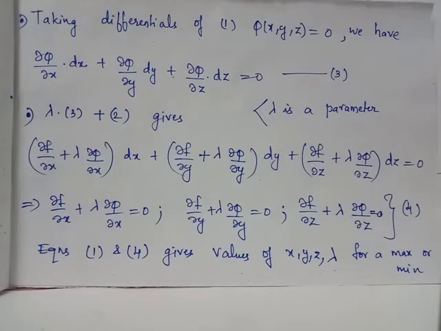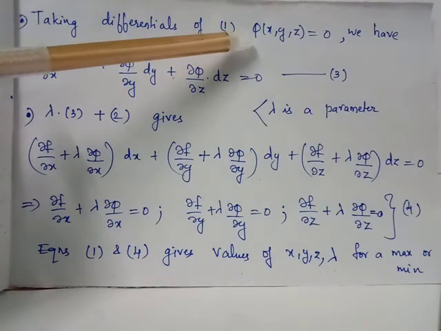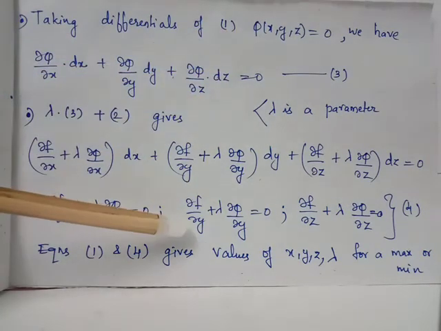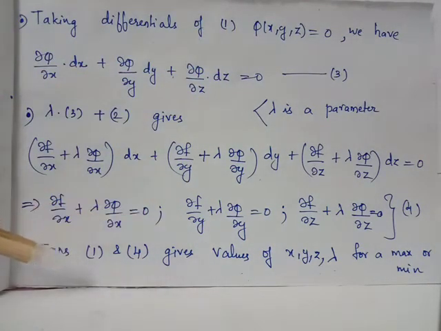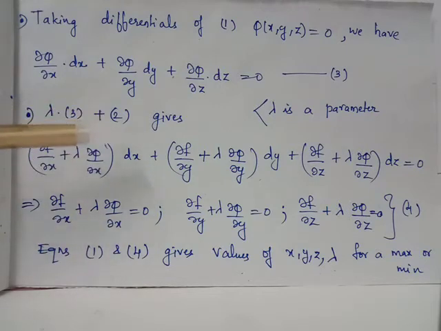Now considering equation 1, that is the relation which connects the independent variables x, y and z, and this relation which is actually the first order partial derivatives of functions f and phi added and taken to 0, we obtain the values for x, y, z and lambda, which in turn helps us to find out the maximum or minimum value possible for the function f of x, y, z.